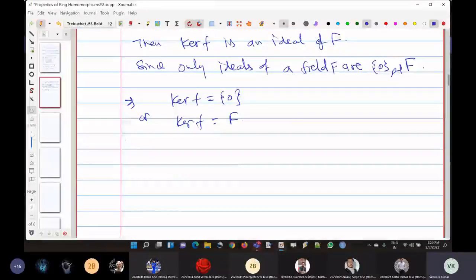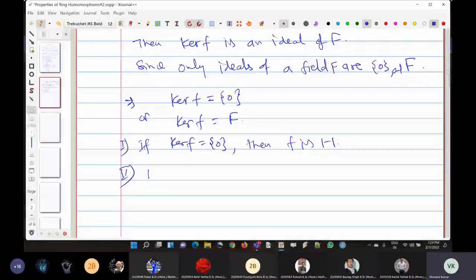So in these two cases, first, if the kernel of f is identically 0, then by the previous result, f is 1 to 1, by the last result we have seen.